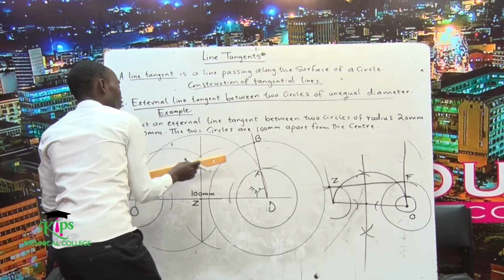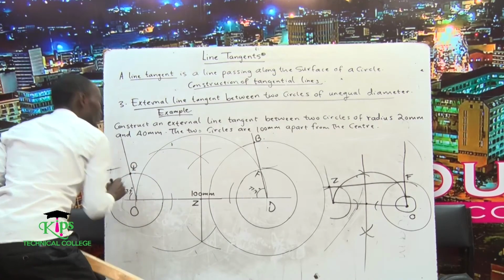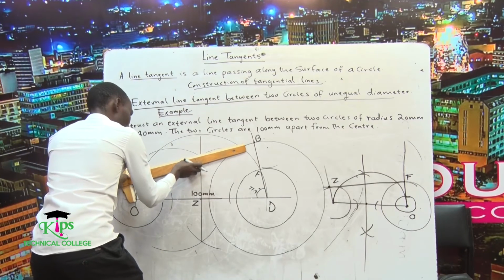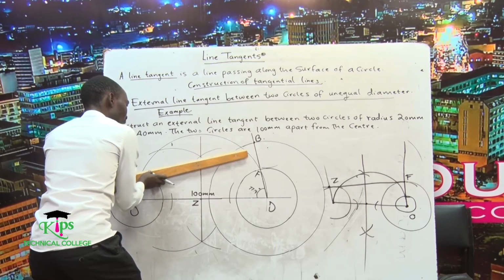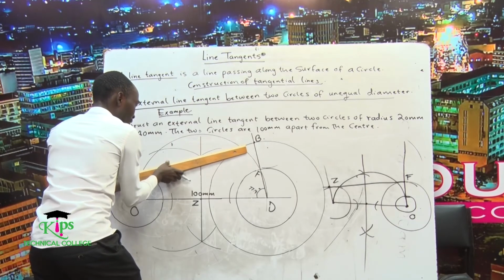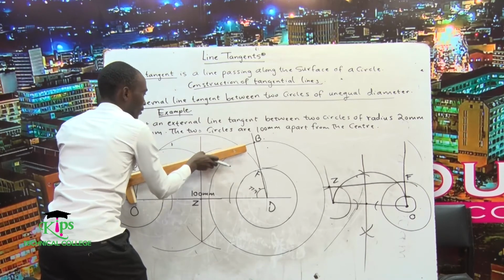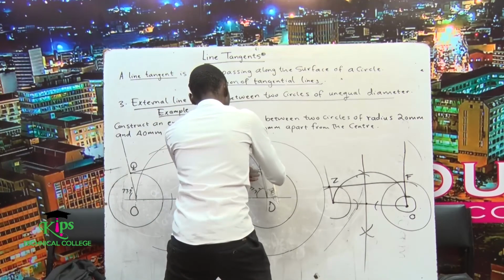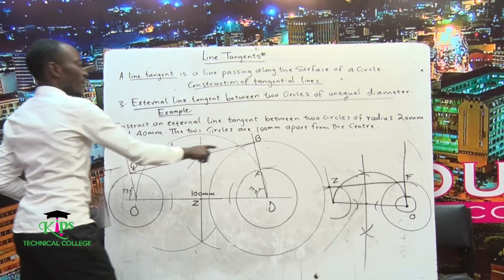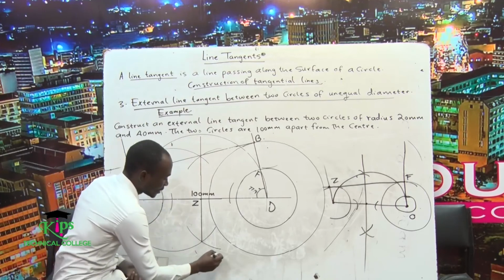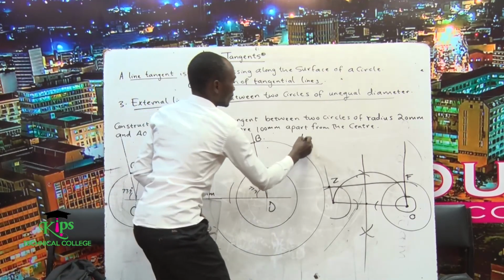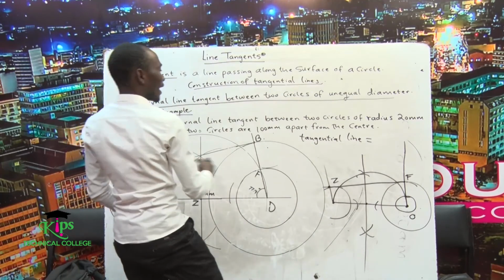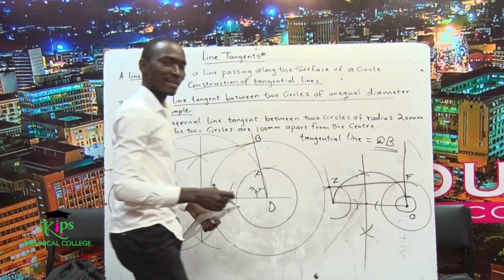Now I should take up my ruler. Let me call this point Q. Now I will join point Q to point B. So our tangential line is now our line QB.